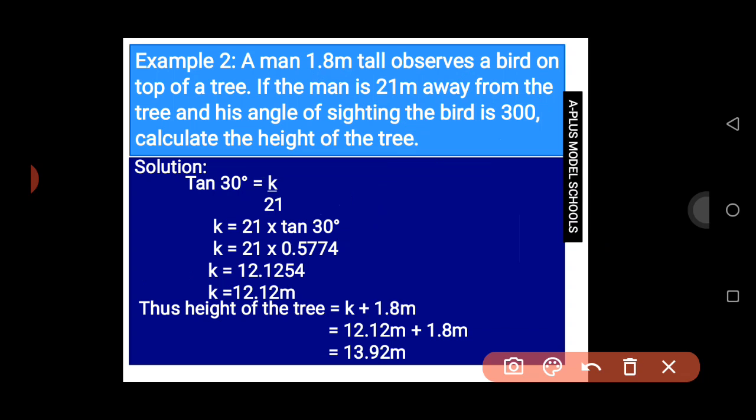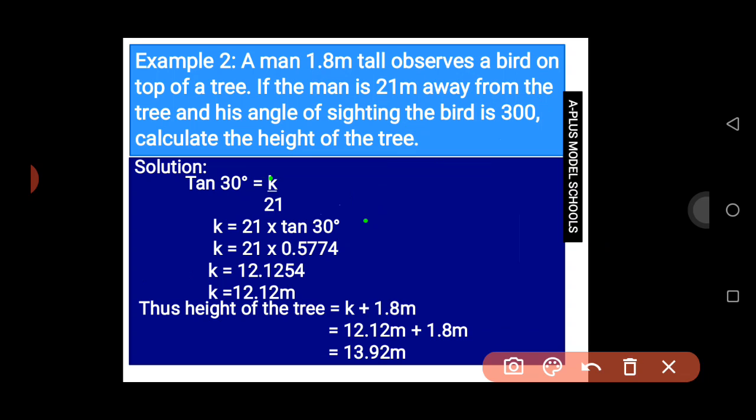Tan 30 degrees is equal to opposite, which is x, represented as k here, over the adjacent, which is 21. So we just cross multiply. That will be k equals 21 times tan 30 degrees. The value of tan 30, when you press that on your calculator, will give you 0.5774.